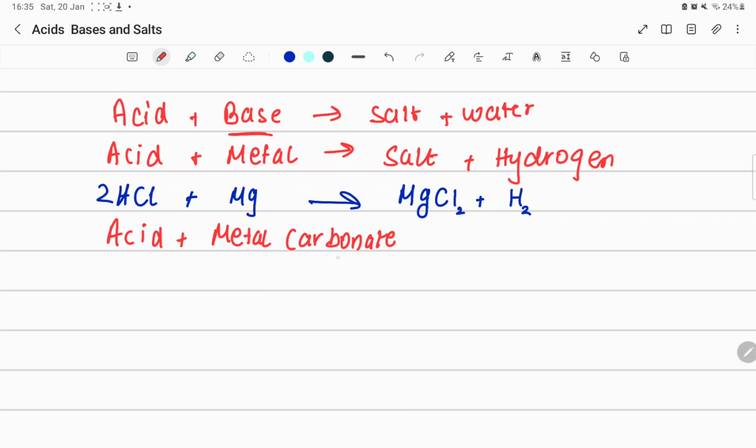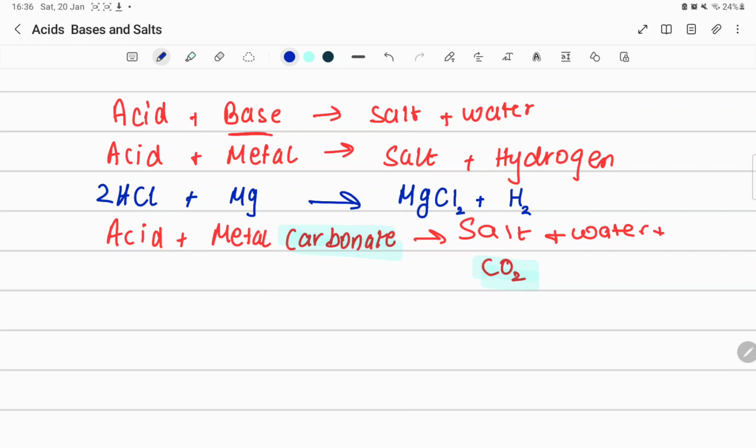If anything was non-metal, then it would become an acidic substance. Therefore, always know that your second reactant, it's going to have a metal ion. It's going to be something metallic to make it basic. So acid plus metal carbonate gives salt plus water plus carbon dioxide, courtesy of the carbonate over here.